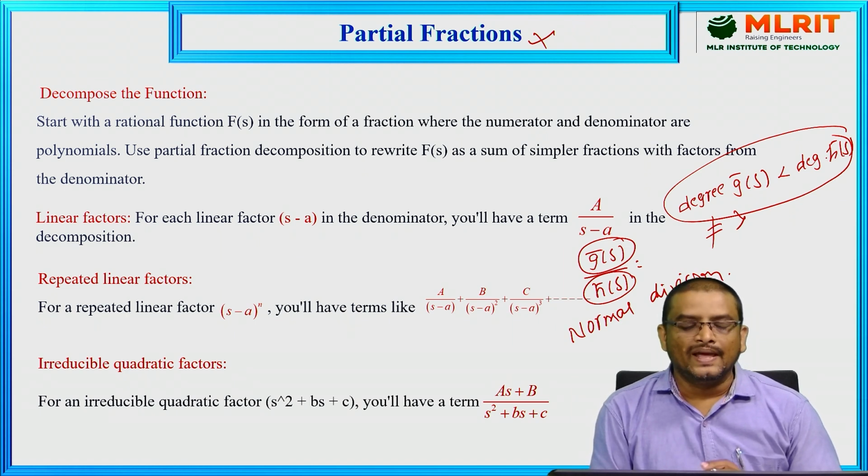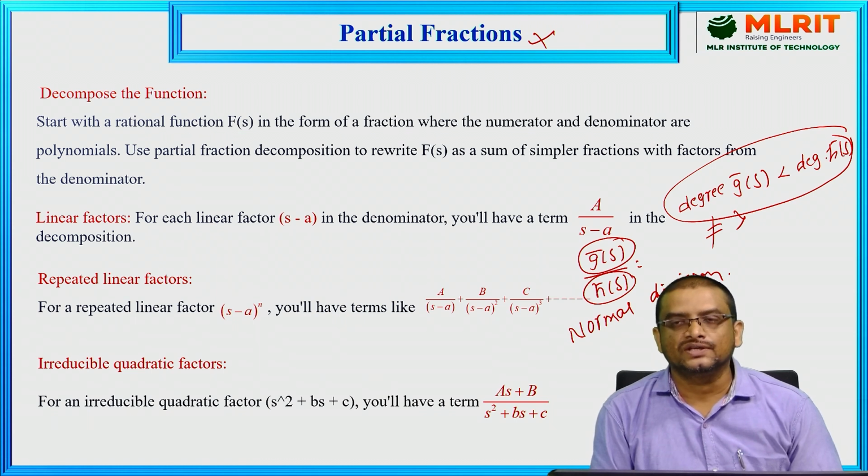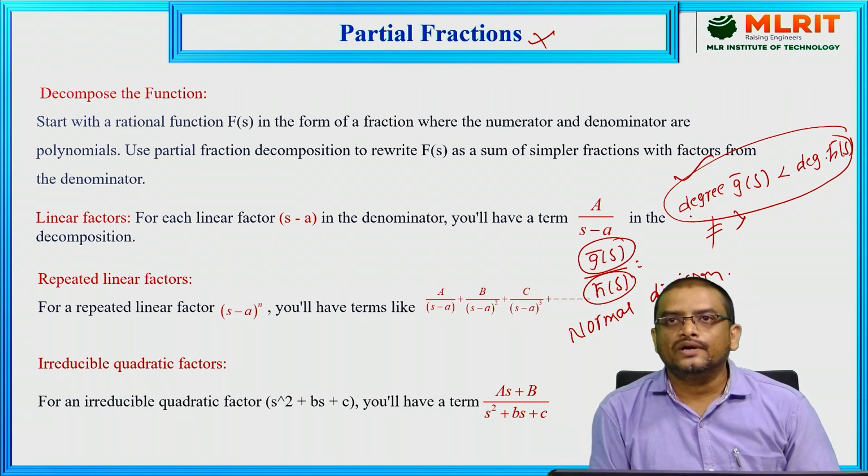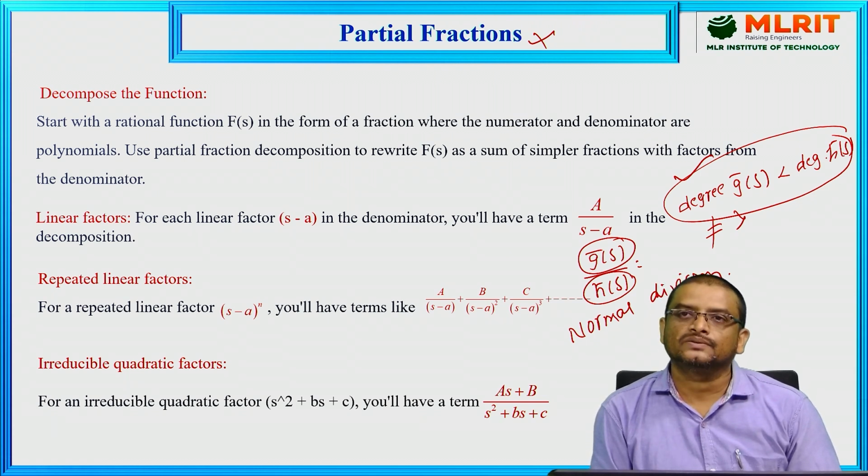So blindly it is not possible to apply the partial fractions for all the functions. This condition has to be satisfied. The degree of the numerator should be less than the degree of the denominator.